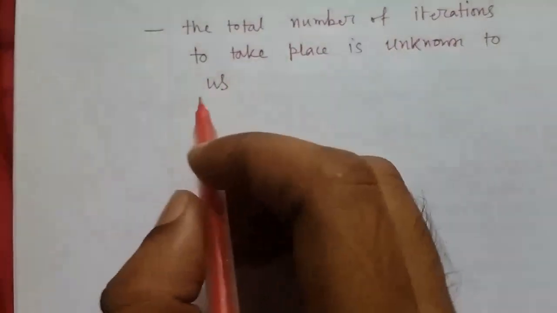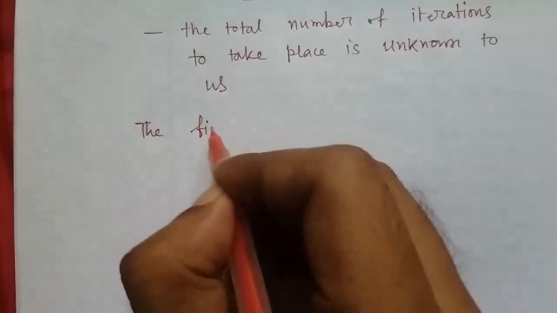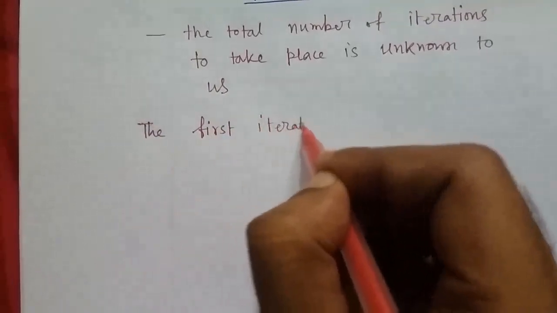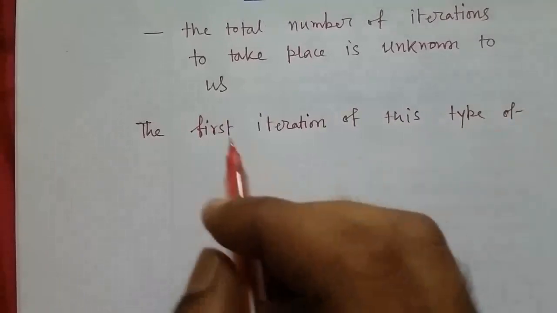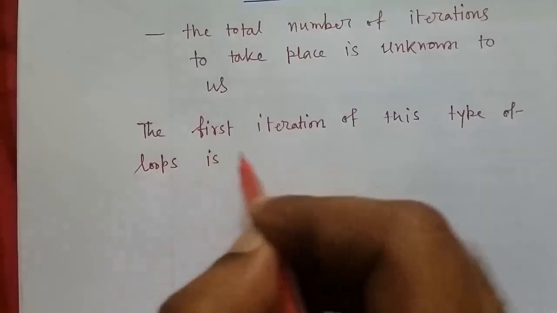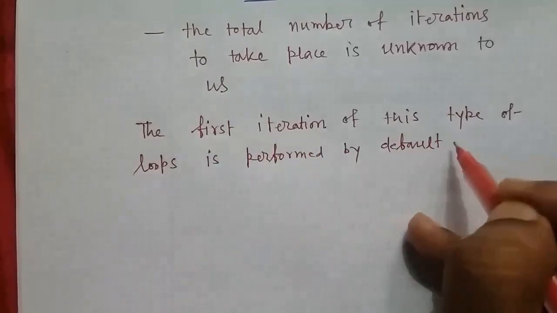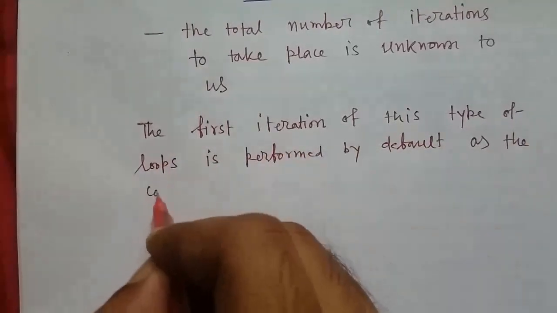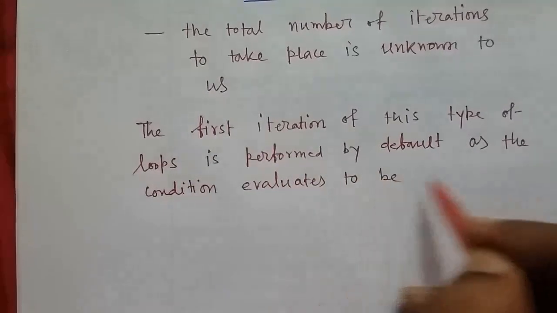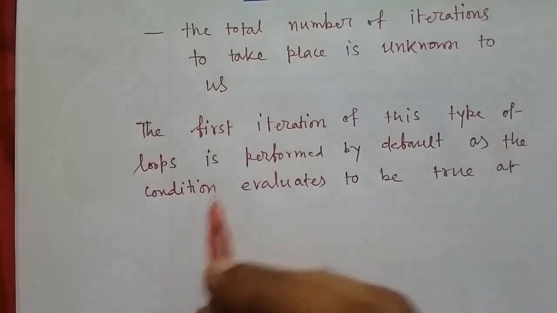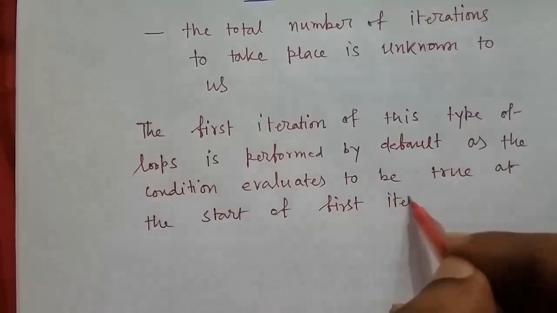The first iteration of this type of loops is performed by default, as the condition evaluates to be true at the start of first iteration.